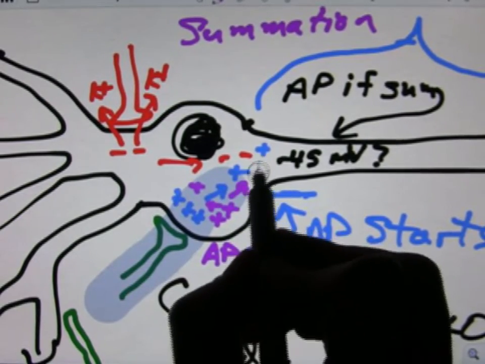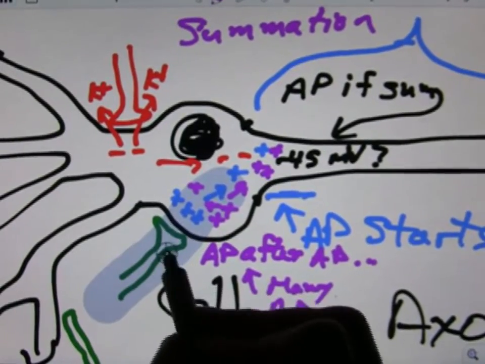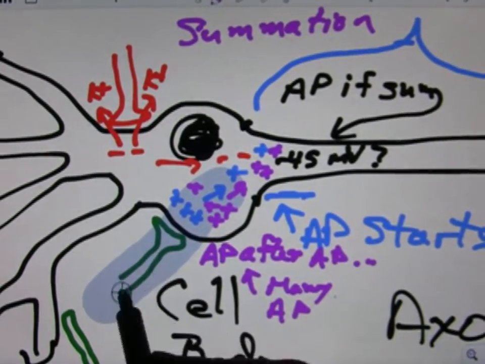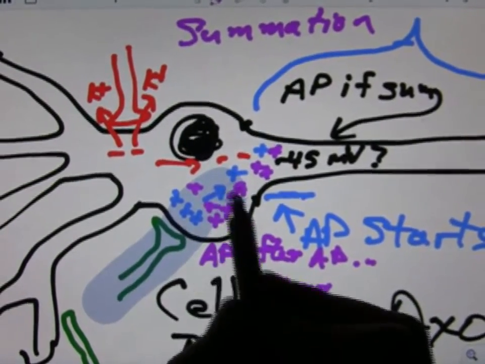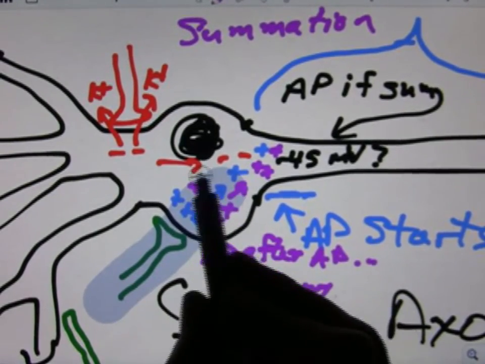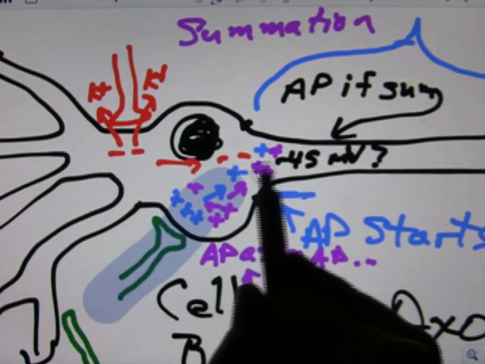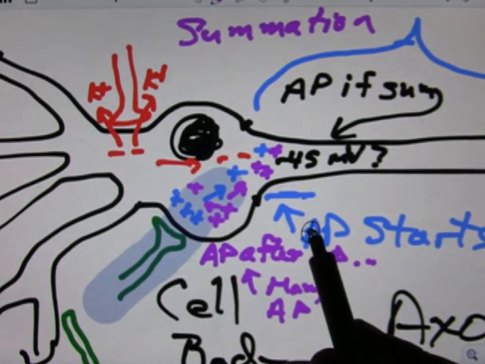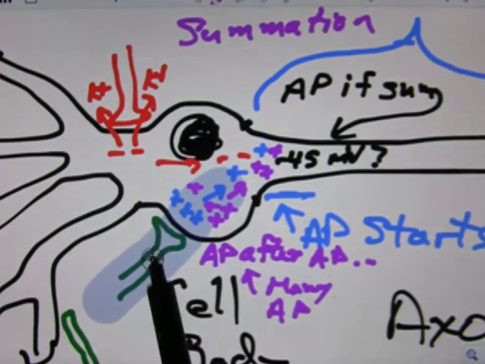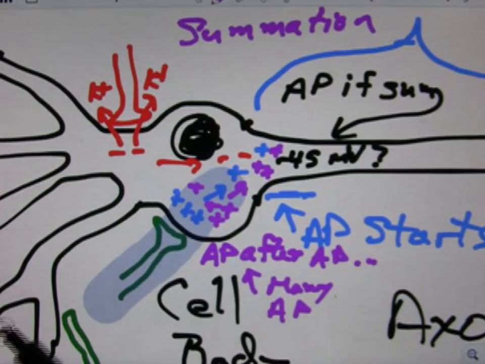Now all of that could add up, even though one action potential might not get you a new action potential. One action potential in our green axon here might not get you enough positive charge for a new action potential. Ten in a row in the span of a tenth of a second or a fifth of a second might be enough to do it. That's temporal summation. So spatial, two different locations or more at the same time. Temporal, one axon releasing a neurotransmitter over and over.